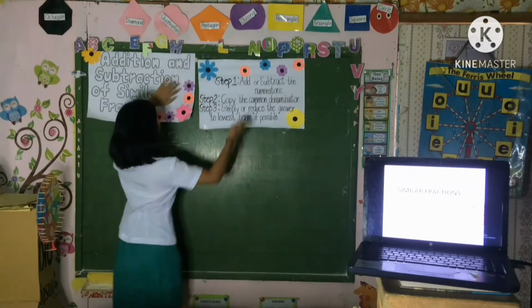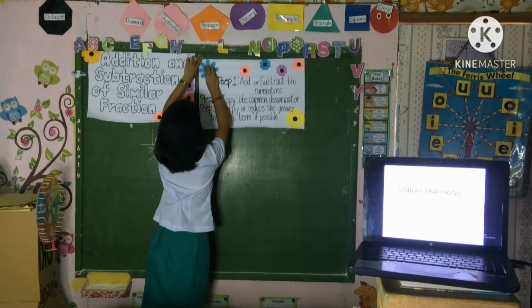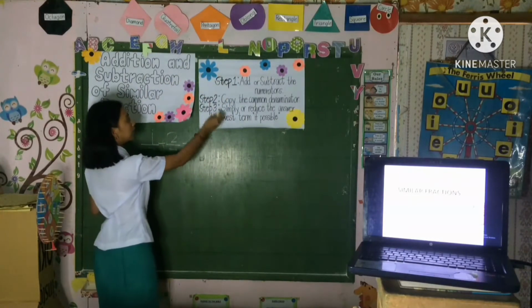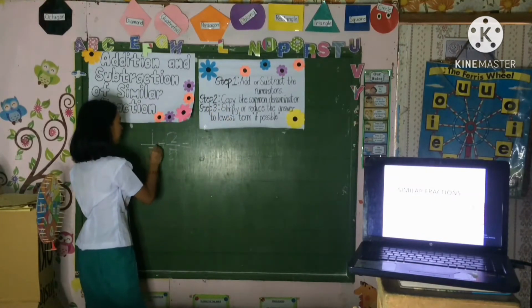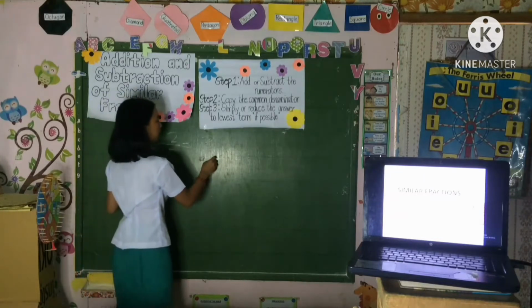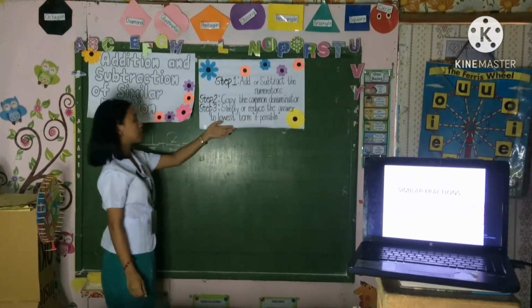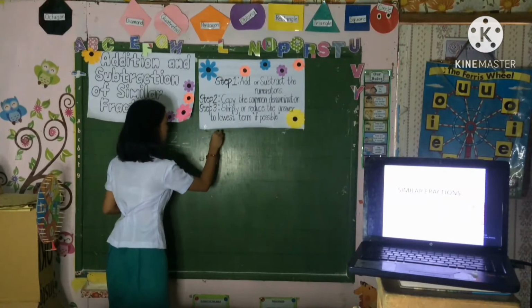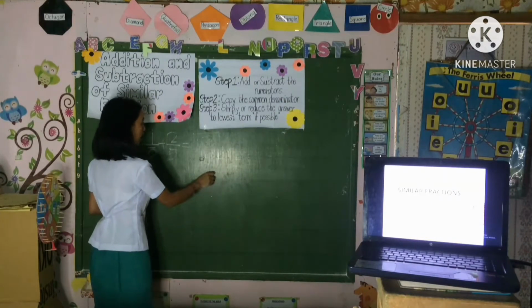So we add this numerator: 1 plus 2 is equal to 3. Step 2 is copy the common denominator, which is 5. And step 3, simplify or reduce the answer to lowest term if possible. Since 3 over 5 is in simplest form, it is the answer.